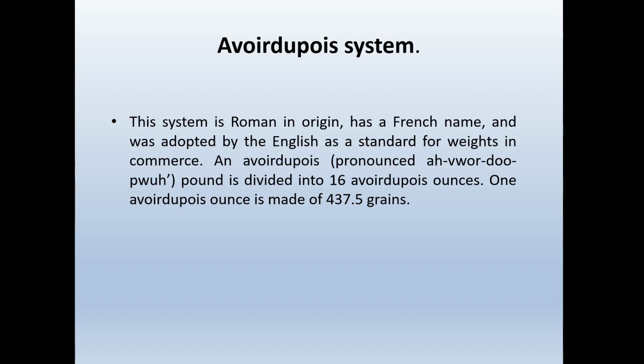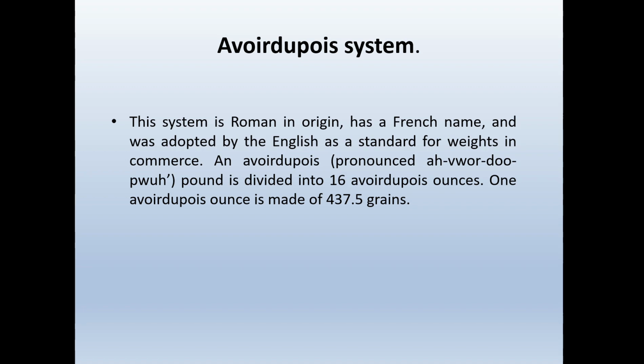Now, the avoirdupois system. The avoirdupois system is Roman in origin, but it had a French name and was adopted by the English as standard for weights in commerce, right? What it means is that when they are transacting in commerce, when they measure something in weights, they measure it in the avoirdupois system.